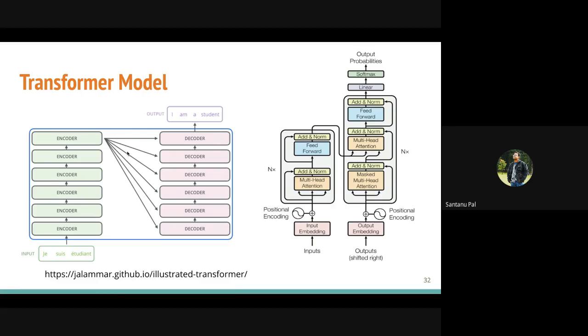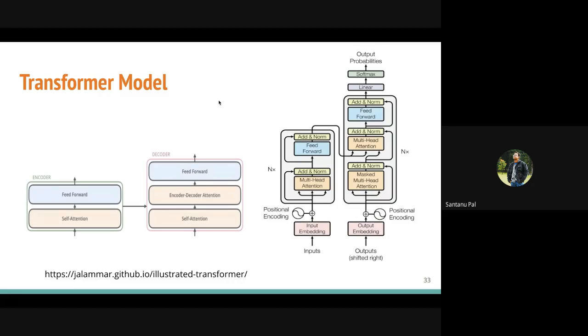All the decoder layers receive the same encoder information. The decoder is also a stack of 6 layers, and the first layer receives the information from the target sentence, and so on, and it generates the output.